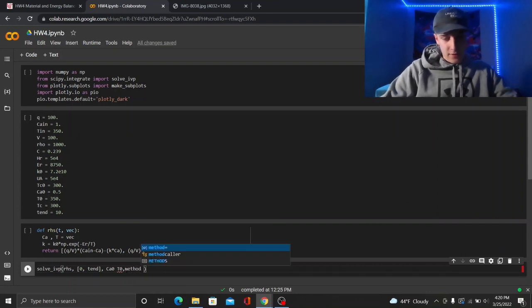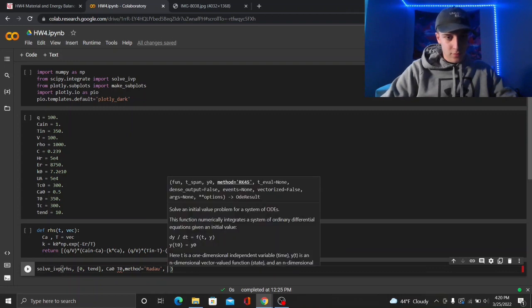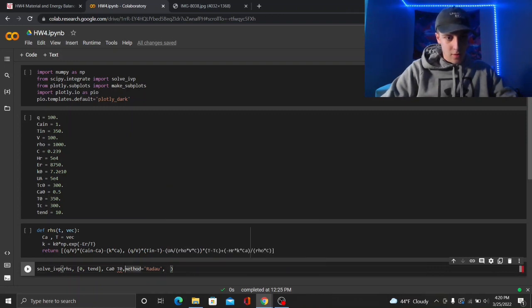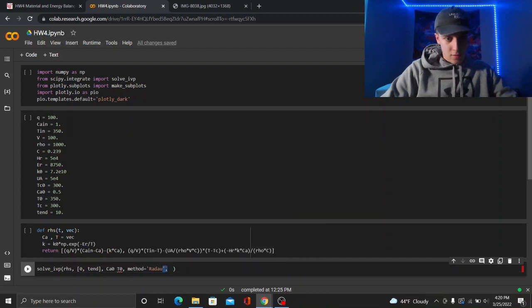Then our method will be Radau, and dense output will equal true.